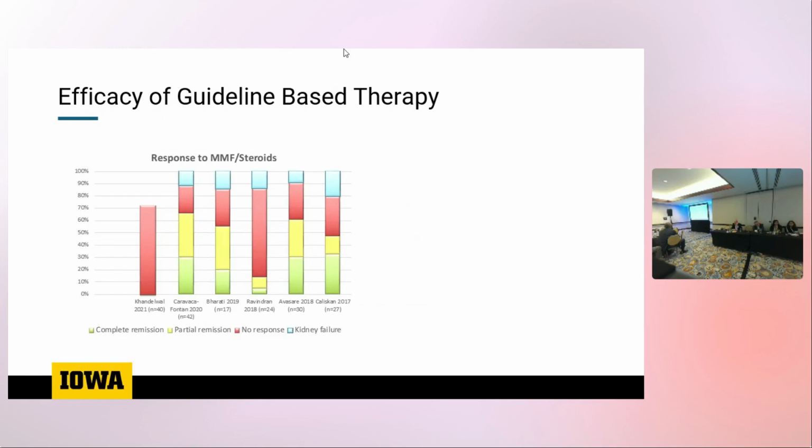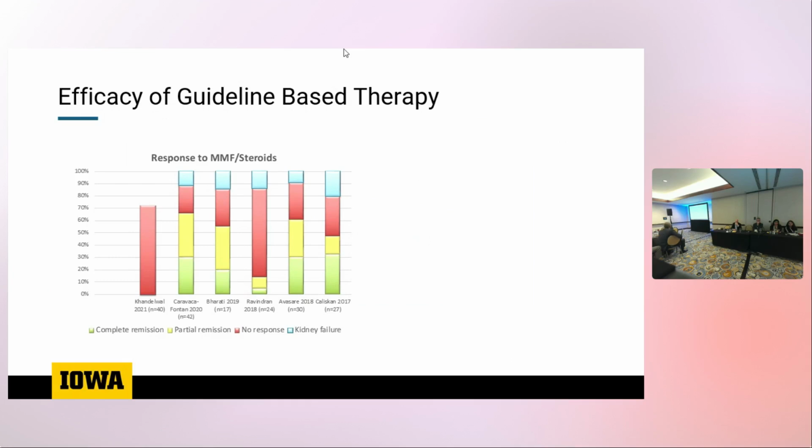So here's my version of what's the efficacy of the standard of care, and that's the mycophenolate mofetil and steroids. I produced this figure a long time ago, actually, because it went into our document for KDIGO. And you can see that these 6 cohorts range in size from 14 patients up to 42 patients. Red particularly was the flat out non-responder group, right? The green was the responder group.